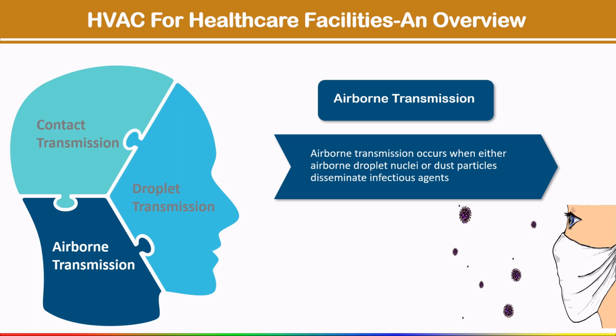Dust may become contaminated when dried sputum and other infectious secretions suspended in the air as dust particles mix with environmental dust. So this is all about airborne transmission. These are the main routes responsible for infection. I hope all of you understood this.